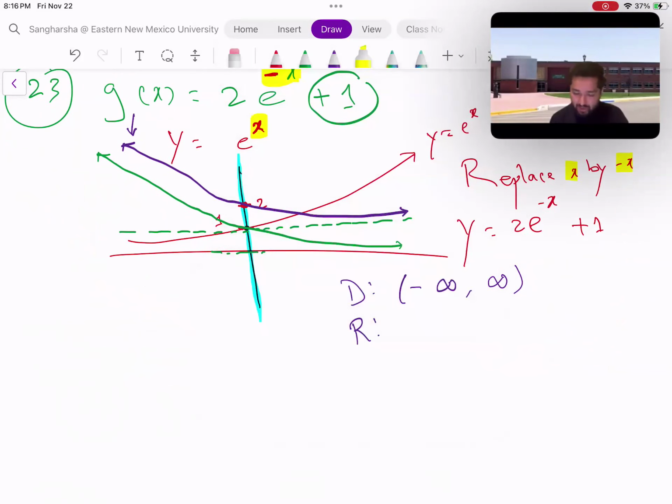If you extend on the right side, this graph never crosses this horizontal line at 1, so we can't have a graph below 1. But when you extend the graph on the left side, we can go all the way up. It means our range is from 1 to +infinity. The graph does not touch the straight line at 1, so 1 is not included. So use parentheses, and this is our range.